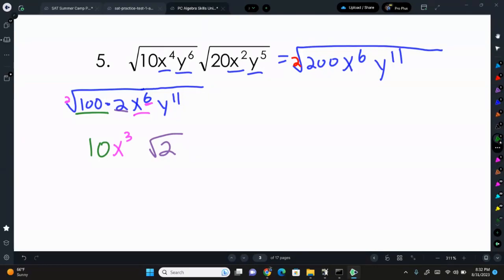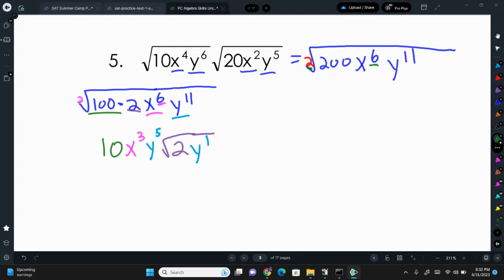Then finally we have y to the 11th. 11 divided by 2 is 5, so y to the 5th comes out, but our remainder, when we divide 11 by 2, we have 1 left over, so y to the first power stays under the square root. Now I want to go and double check that all my variables are okay. I started out with an even exponent and an even radical, an even index, and then I ended up with an odd exponent.